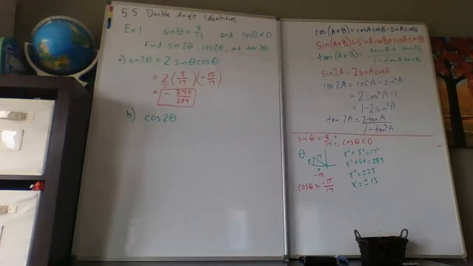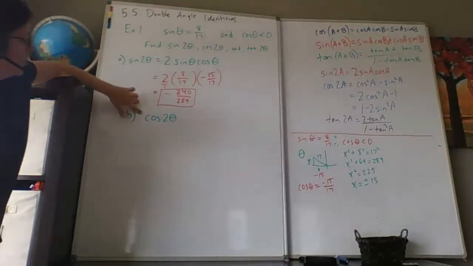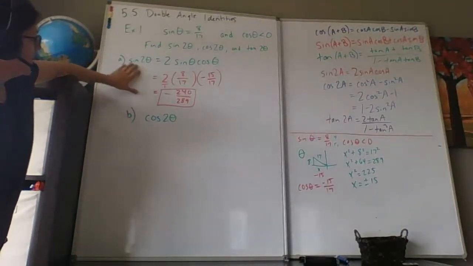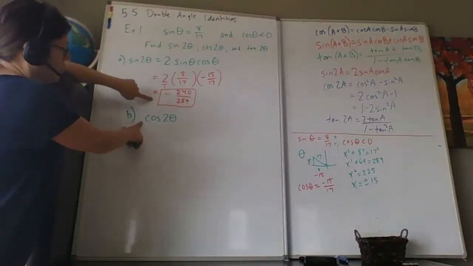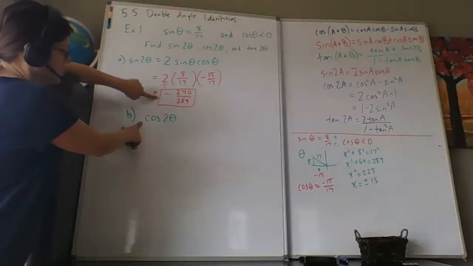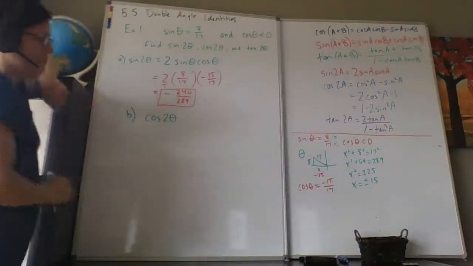Now let's move on to find the cosine of 2 theta. Since we have the sine of 2 theta, technically speaking, we can use the Pythagorean identity with these values here, where we'd get this squared plus this squared equals 1.